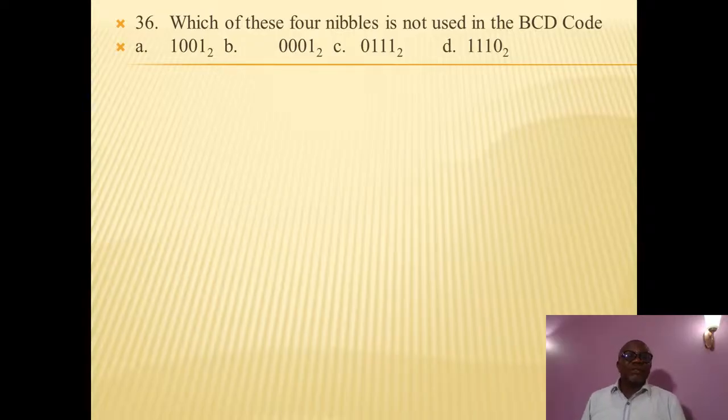A is what? It is 1001, equivalent to 9 in binary. B is just 0001, which is equivalent to 1 in binary.